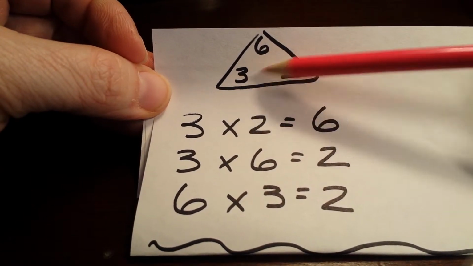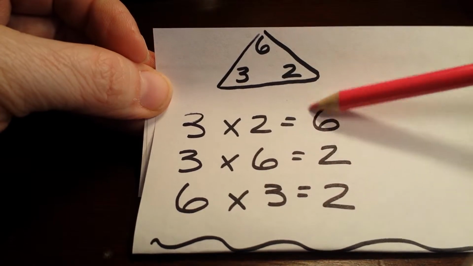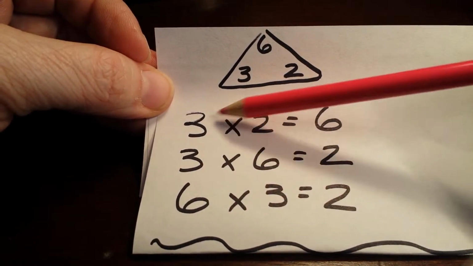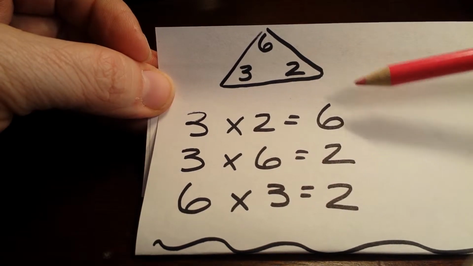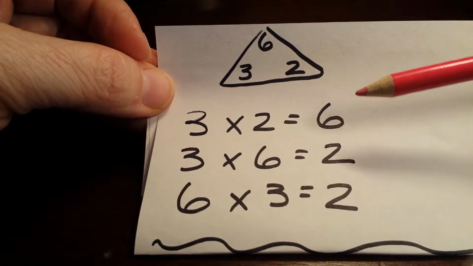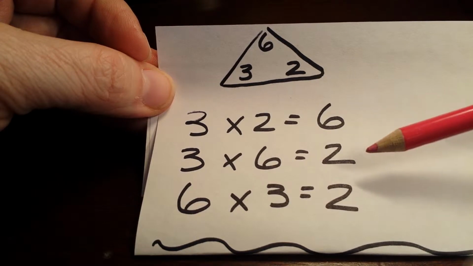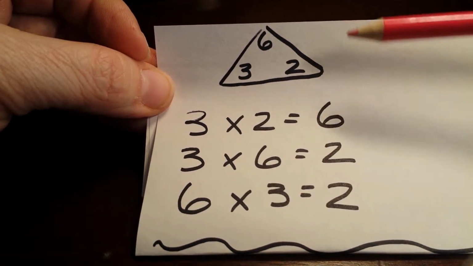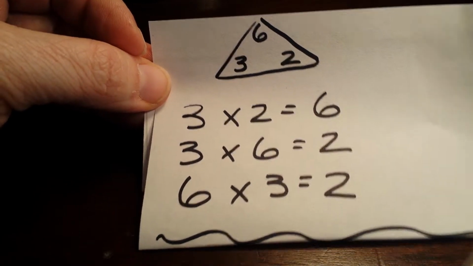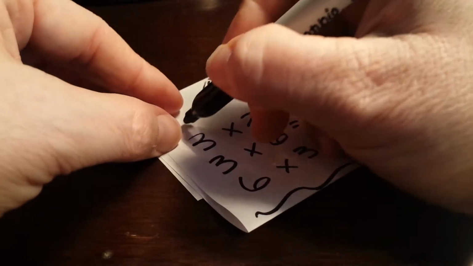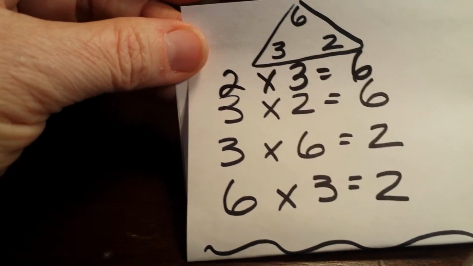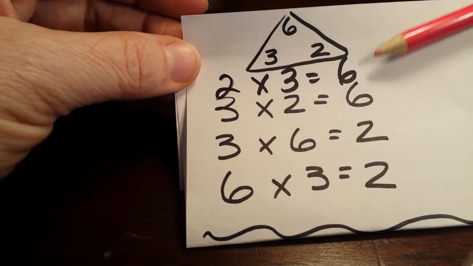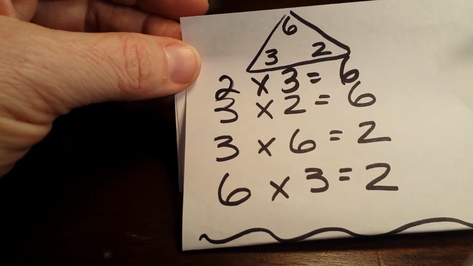There's a 6, a 3, and a 2. 2 of these are correct, and 2 of them are wrong. Sorry, I made a mistake. 2 of them are correct, and 2 of them are incorrect.